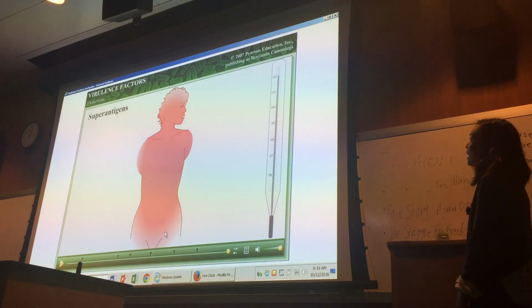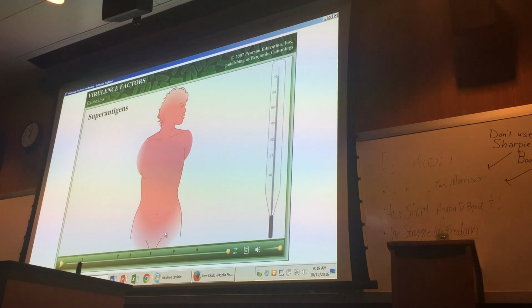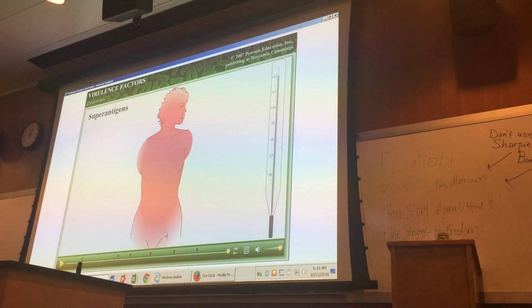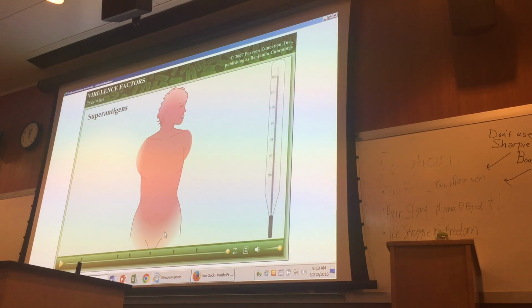All right. Okay, so the last thing that we're going to mention is actually kind of related to Sim's question about endotoxin. That'll be it for today.